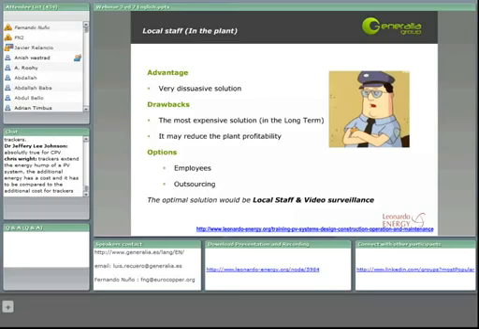The most important one is the expensive costs in the long term that may reduce the plant profitability. Anyway, we can decide between two different options: whether getting our own employees or outsourcing the security staff from one of the companies that provide this kind of services.